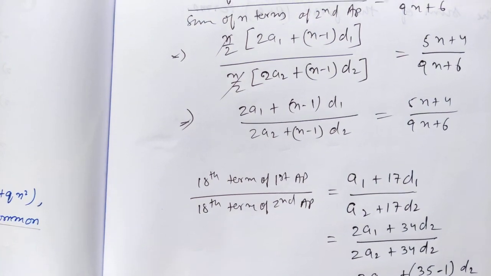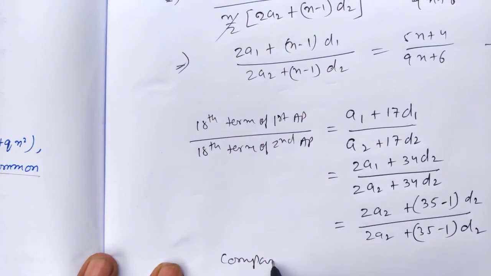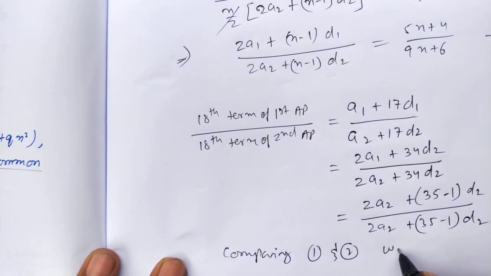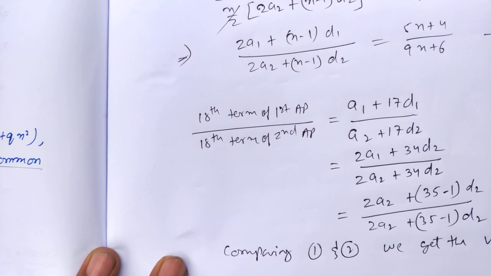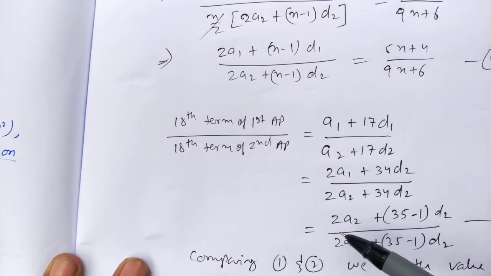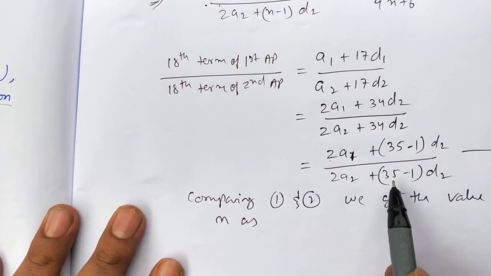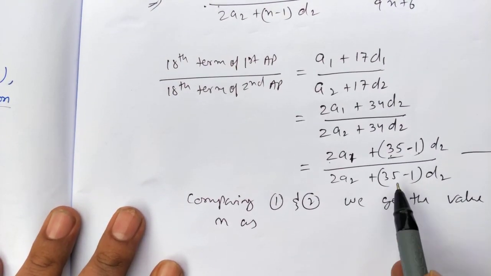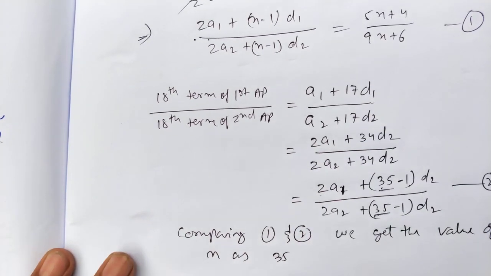So mark this as 2, mark this as 1. Comparing 1 and 2, we get the value of n. See, when we compare these two, this is 2A1 plus n minus 1 D, so 35 minus 1 D. In place of n we are getting 35. So find the ratio.